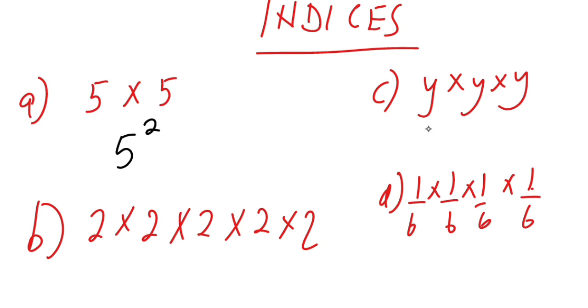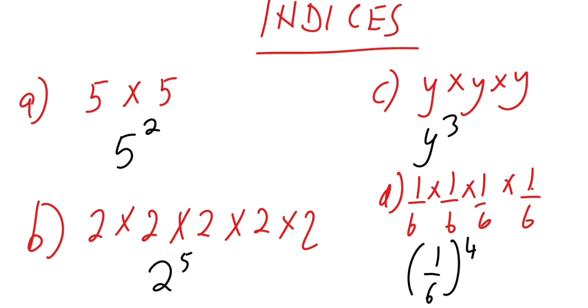Y times y times y is y cubed. 2 times 2 times 2 times 2 times 2, mara tano hizo, so ni 2 to the power of 5. But what if it is fraction form? It just becomes 1 over 6 times 1 over 6 times 1 over 6 times 1 over 6, which is just the same as writing 1 over 6 to the power of 4.